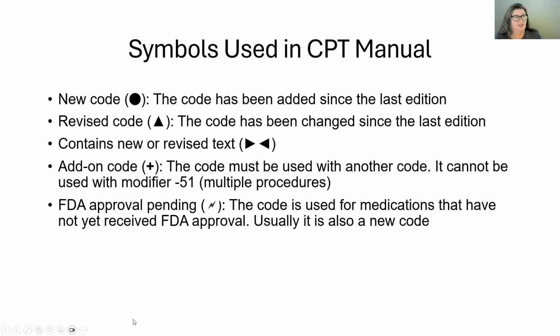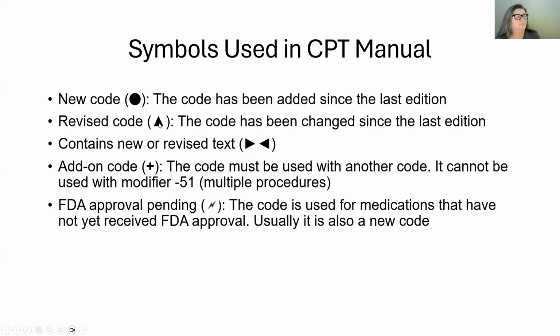All right, you also see in a CPT manual, there's an index in the back that talks about the symbols that are used. So just quickly to go through these. If you see this big round black dot or circle, that means that code has been added since the last edition, and these do get updated once a year, as I mentioned earlier.